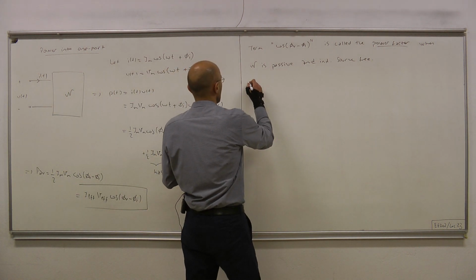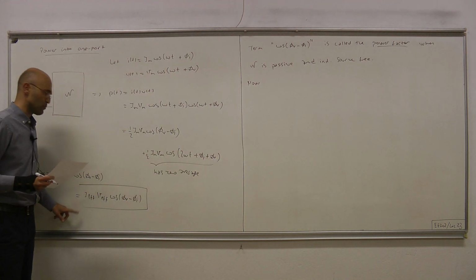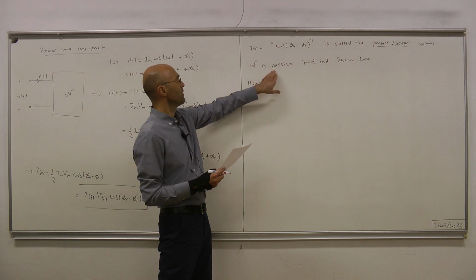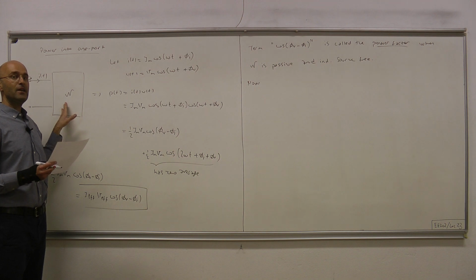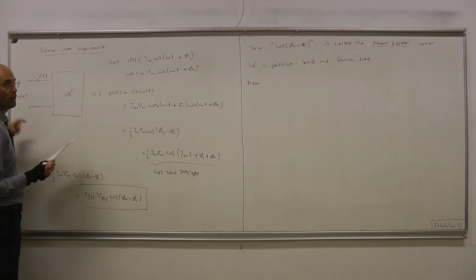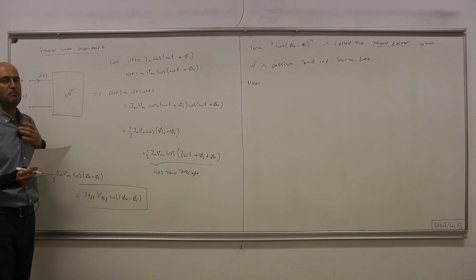Now, let's look at this average power expression from the impedance point of view. Note that if this assumption is satisfied, that is, if there are no independent sources inside, then it can be represented, at least from the terminals point of view, current voltage characteristics point of view, by an impedance.